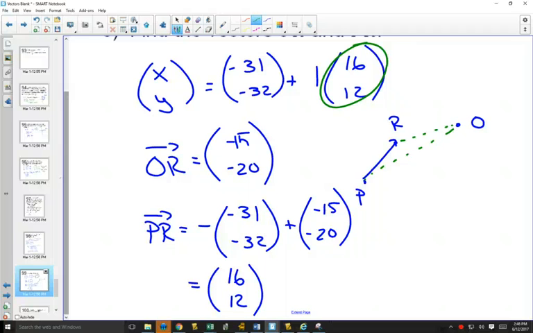One, you could just use your vector equation and say, that's the direction that I'm heading, and if P to R is just doing that for 1 hour, I'm going to travel 16 and then 12. Or you can use what you know about position vectors and say, anytime I have my position vectors, I can find my new vector by going negative P plus R. And that works as well.